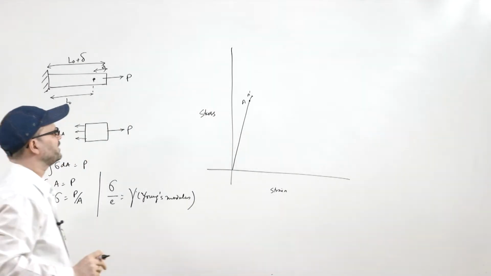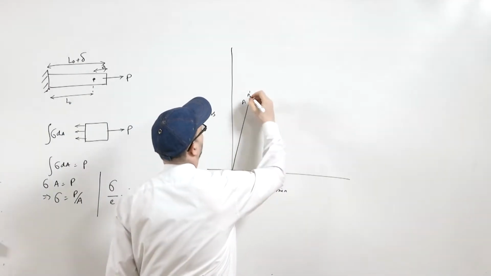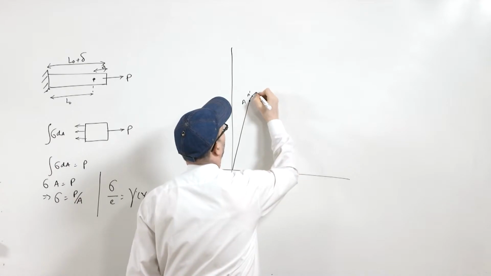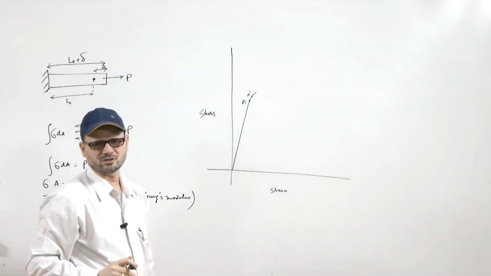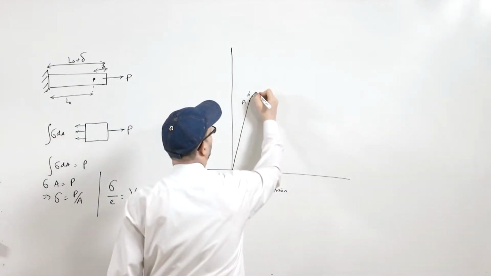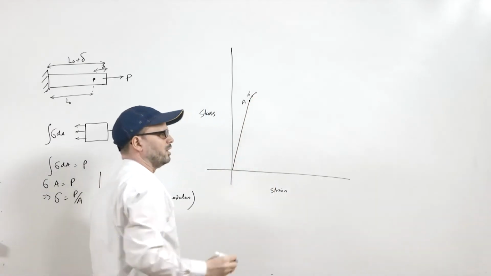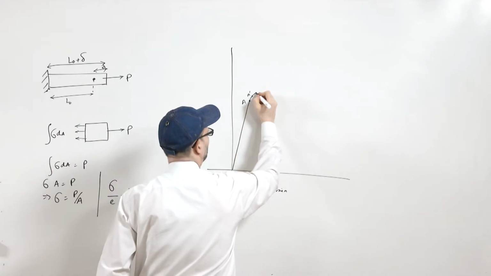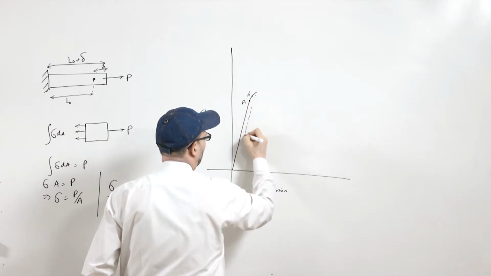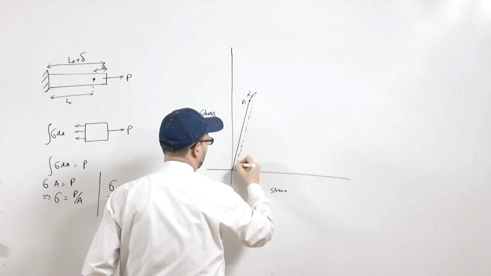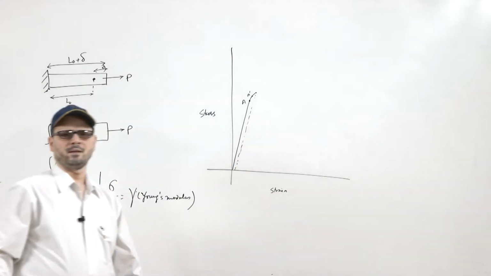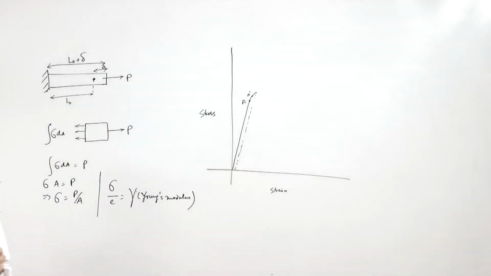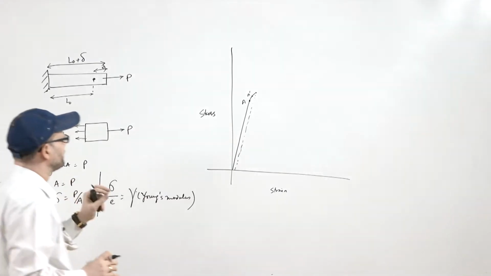After this, the plastic deformation starts. Now, if at this point you unload, then you will have some amount of plastic deformation, some strain is left. That is basically known as an offset strain, an offset value.